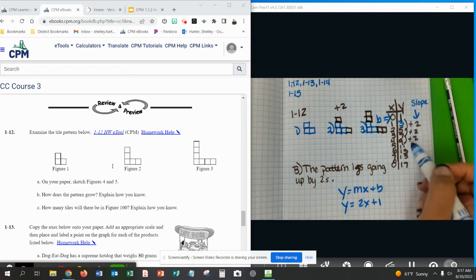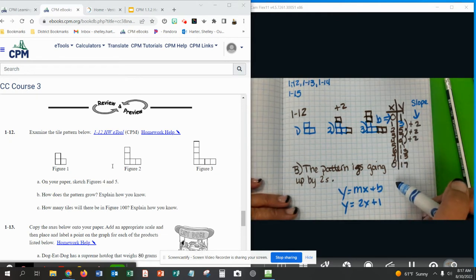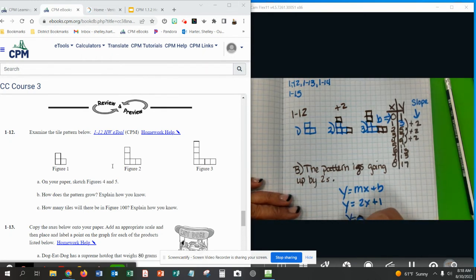So when it asks what figure 100 is going to be, you're going to turn around and look at this and go y equals 2 times 100 plus 1. So if this is figure 100, your y is going to equal 201.